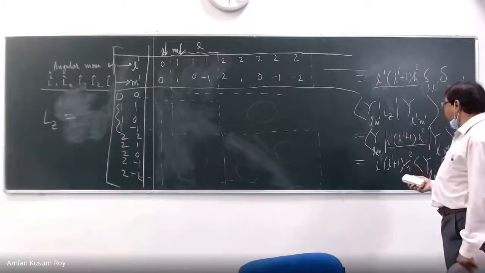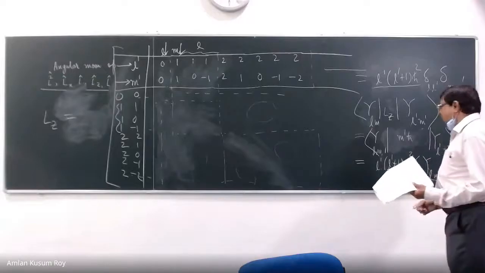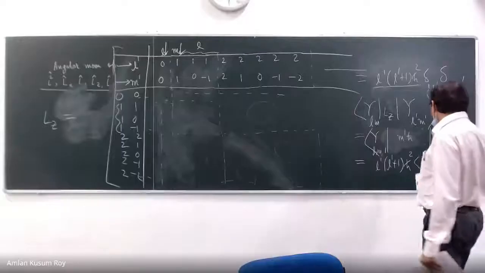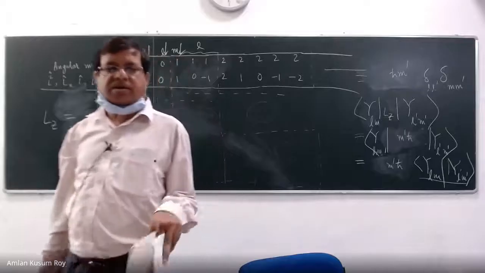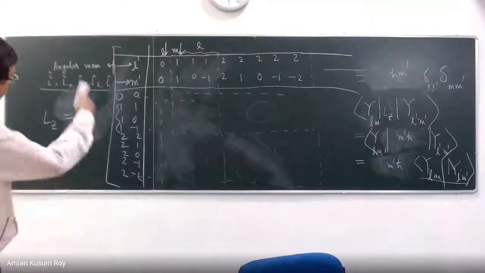This is LZ. So what do I write here? That will be M L dash H cross. Then what happens? We'll take it out again because it's a constant, and again we'll have those two delta functions over there. This is what it is, right? So now you tell me what should I write.